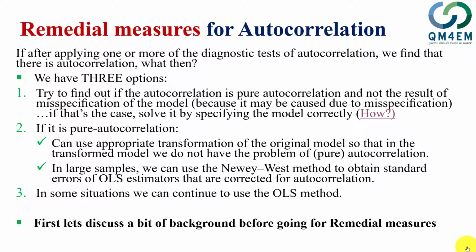I am not including the first option in this discussion because we have to cover that once we cover the entire topic of autocorrelation. So please be informed that the discussion from this point onward is focused only on pure autocorrelation, or autocorrelation caused by reasons other than model misspecification.